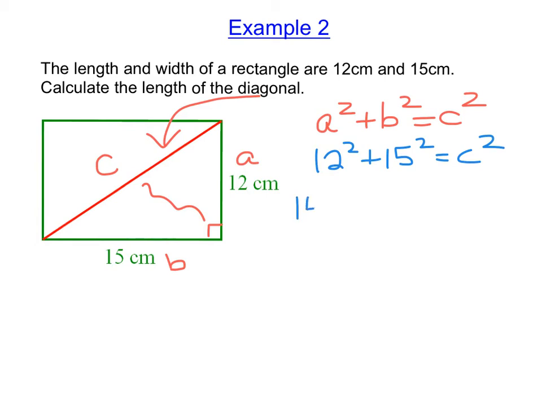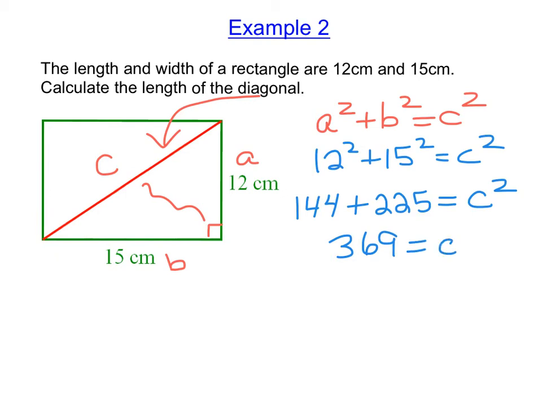12 squared is 144. 15 squared is 225, and that equals C squared. Now I have to add 144 and 225, and I get 369 is equal to C squared. And then remember, at this point we have to do the square root of that.